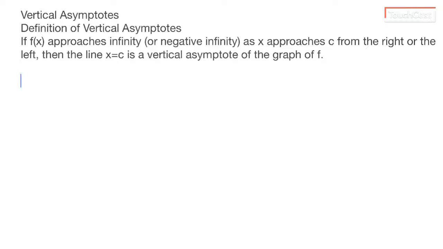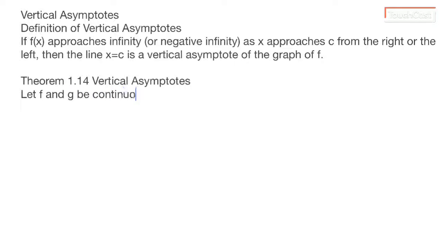While we're at it, let's also look at our next theorem. Theorem 1.14, which we're going to call the vertical asymptote theorem. So what we're going to say is we're going to let f and g be continuous on an open interval containing c.